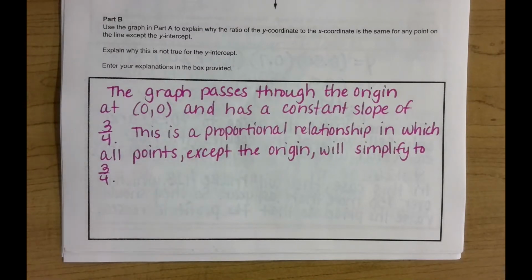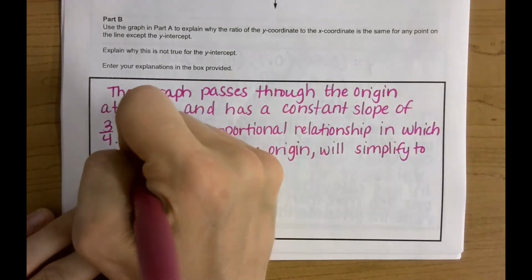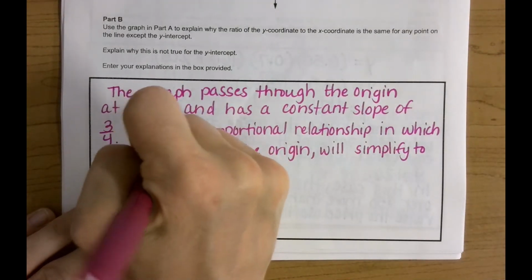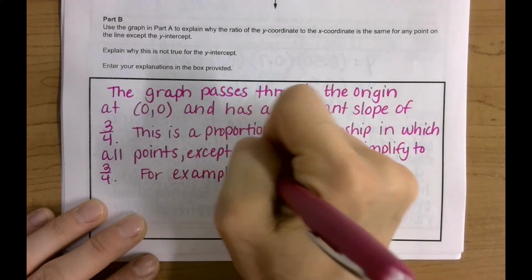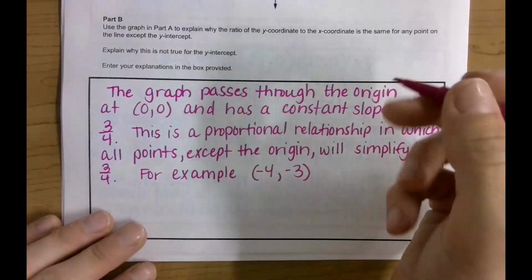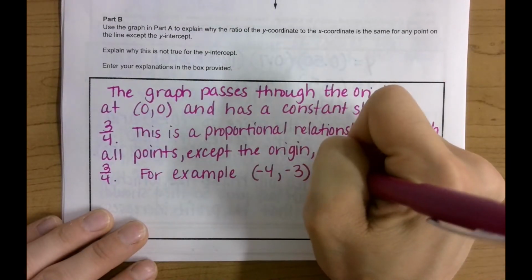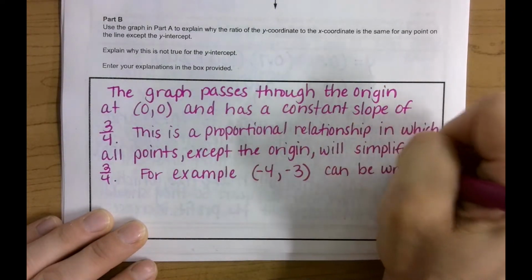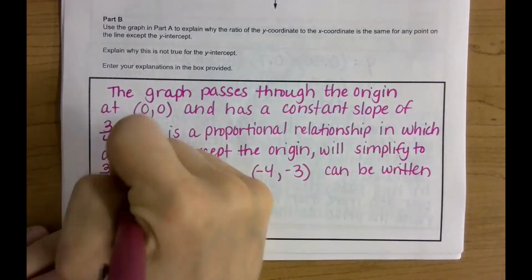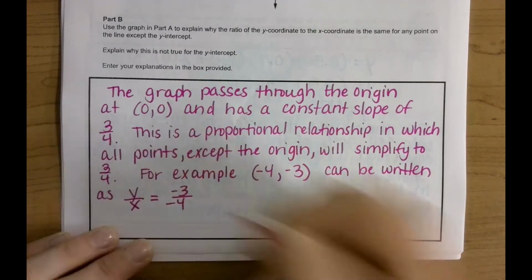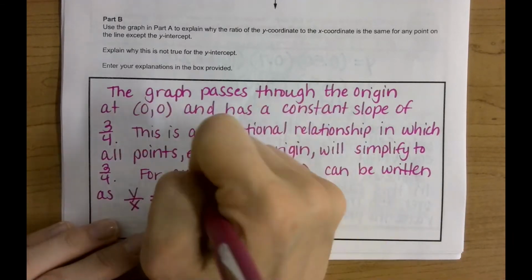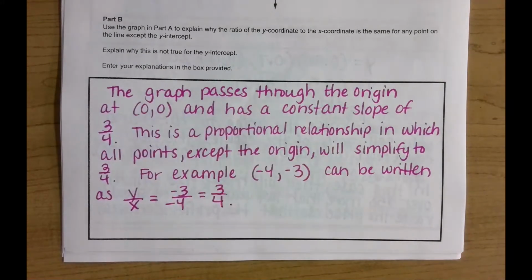So if we go back to the ordered pairs we use, for example, -4, -3 can be written as y over x, which equals -3 over -4. A negative divided by a negative equals a positive 3/4.